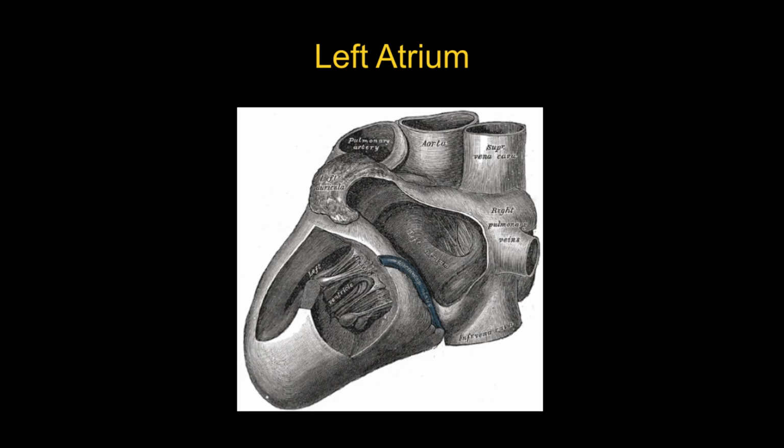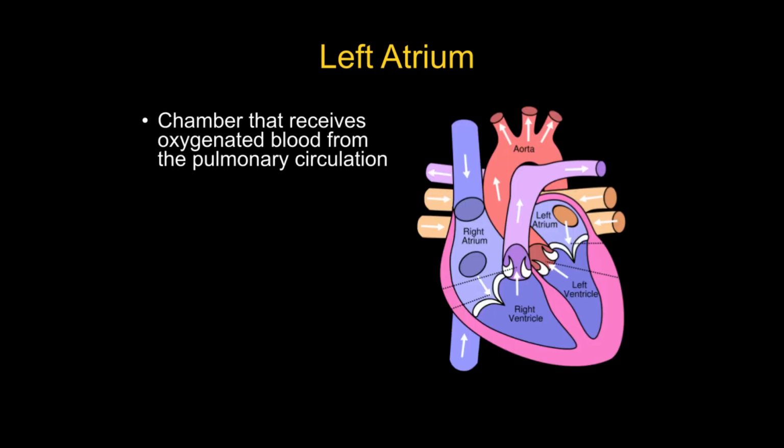So just like the right atrium receives blood from the SVC and the IVC, the left atrium receives blood from the pulmonary veins, which are already oxygenated by the lungs.